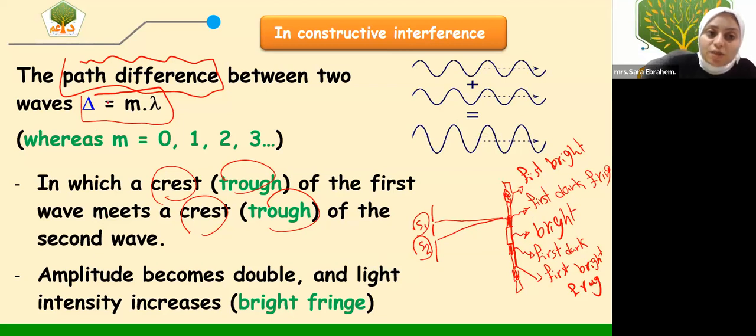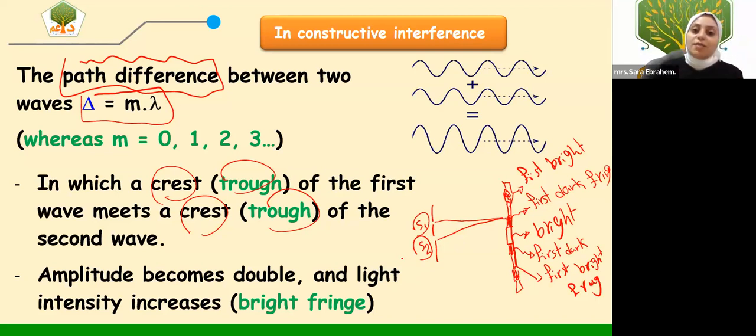So that's called path difference. Path difference is the difference between the distance of the path of the light wave from slit 1 and the distance of the path of the light wave from slit 2.